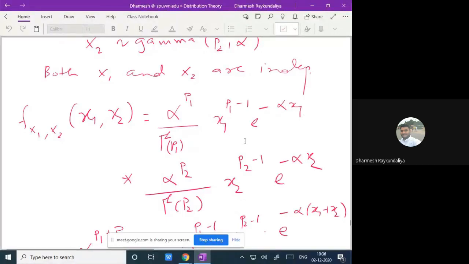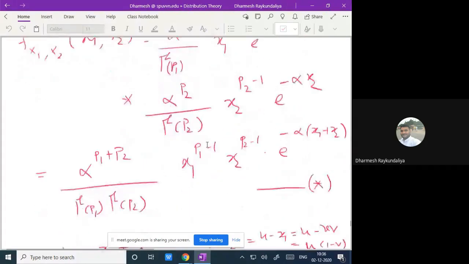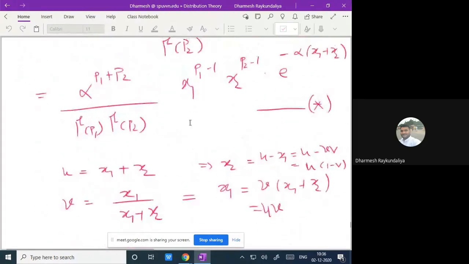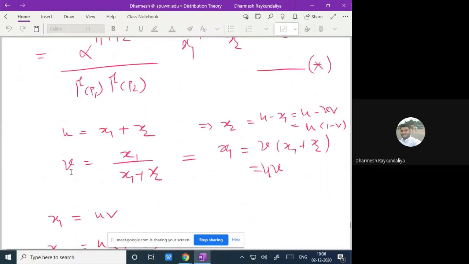And x2 has the gamma with shape parameter p2 and scale parameter alpha, then the density is given by this. So we make the simplification, and after simplification, our aim is to obtain the distribution of x1 plus x2. And we have v equal to x1 upon x1 plus x2. So just make a transformation.